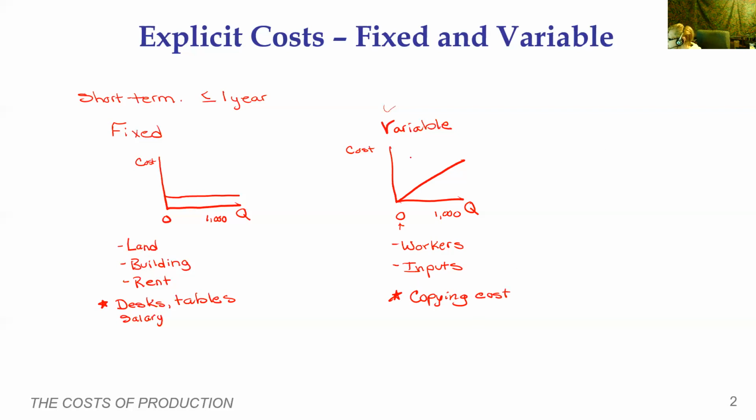Some other types of costs that students like to talk about are electricity. And this is where we have you take cost accounting, because yes, electricity can be a fixed cost, but as you run your machines more and more, portions of electricity are a variable cost. So there are costs which become both fixed and variable.